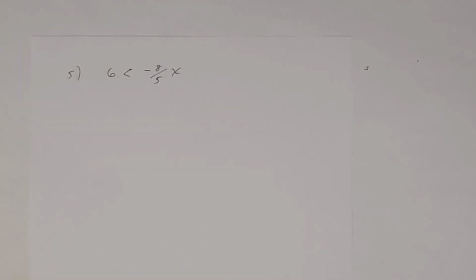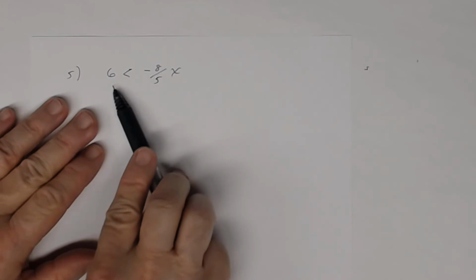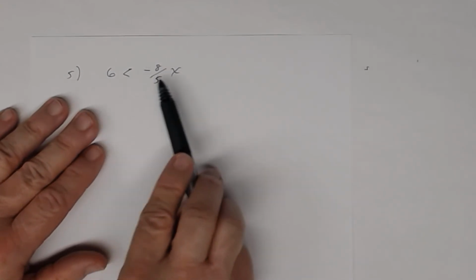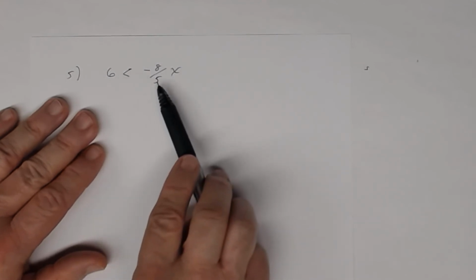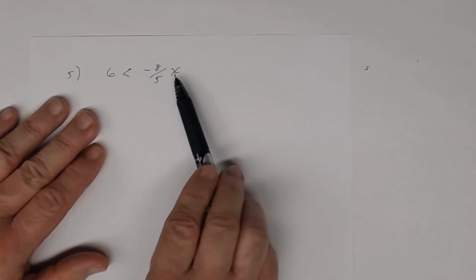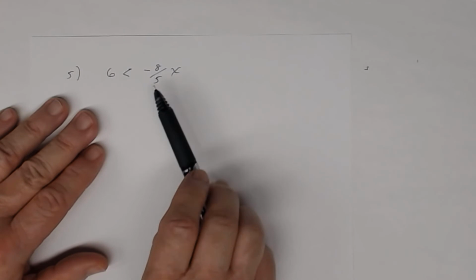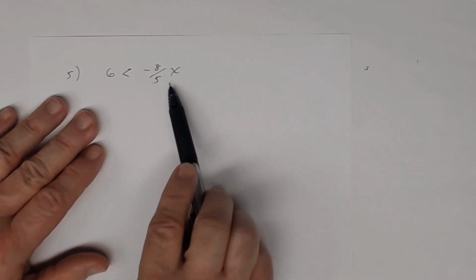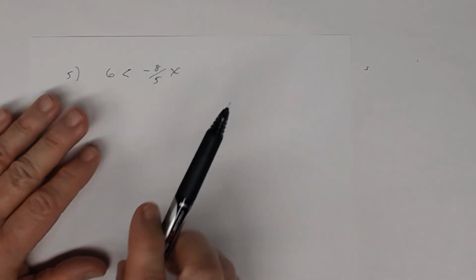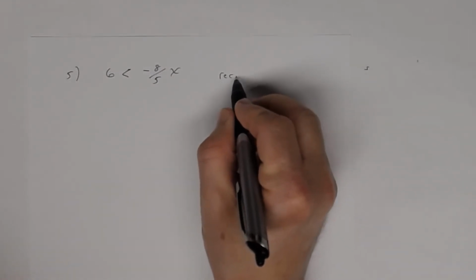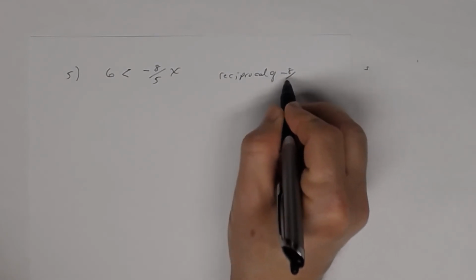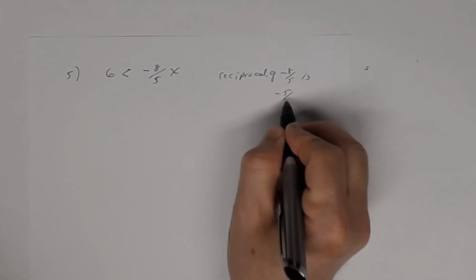All right, let's do one more. So this time I have 6 is less than negative 8 fifths x, and I'm trying to solve for x, to get x by itself. Remember, to get x by itself, I'm going to multiply both sides by the reciprocal of the coefficient. The reciprocal of negative 8 fifths is negative 5/8.